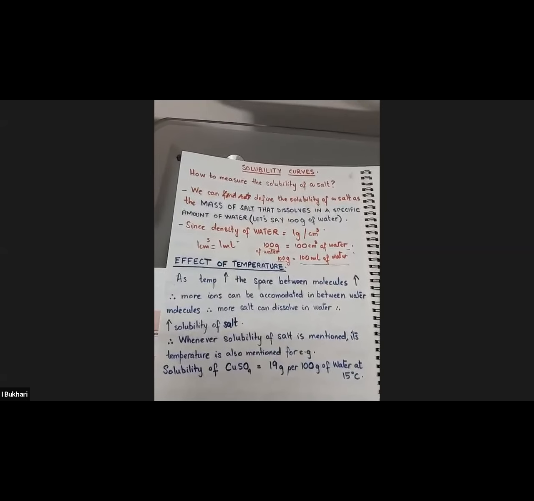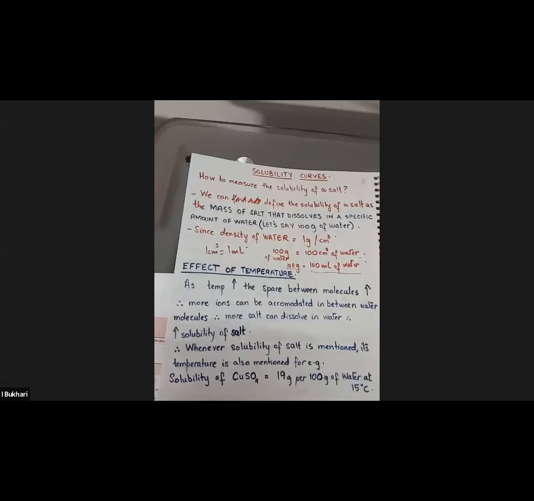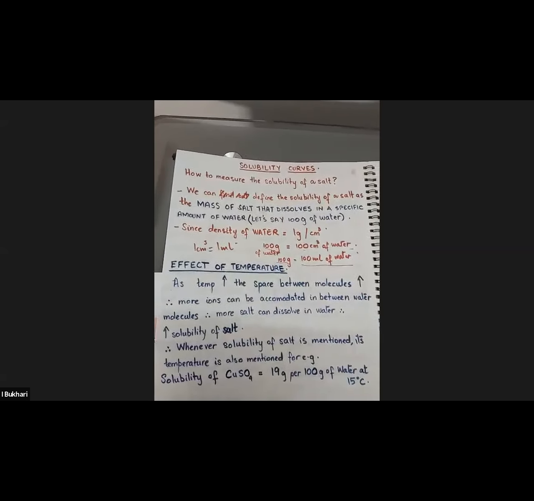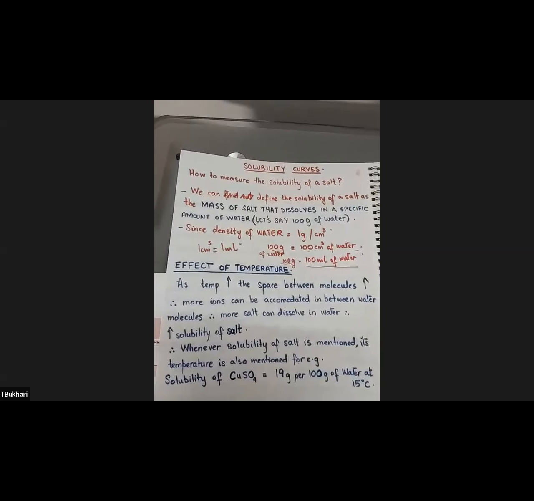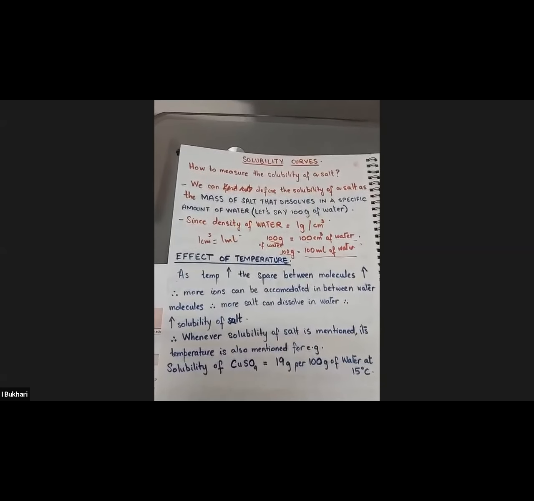So water molecules are bumping with more energy, colliding with each other, and moving faster. And they are moving farther away from each other, so the space between them is increasing. You can say that the rooms are getting bigger and bigger. The room is like space between the molecules.